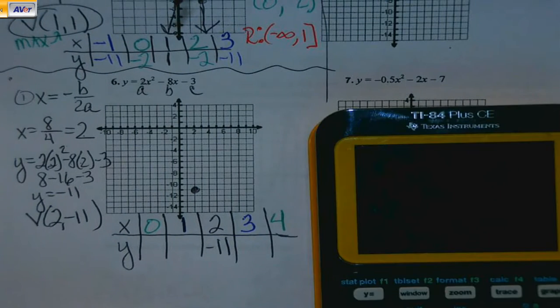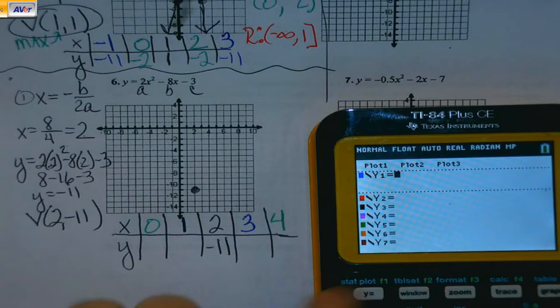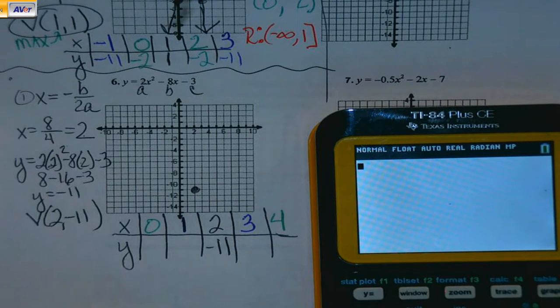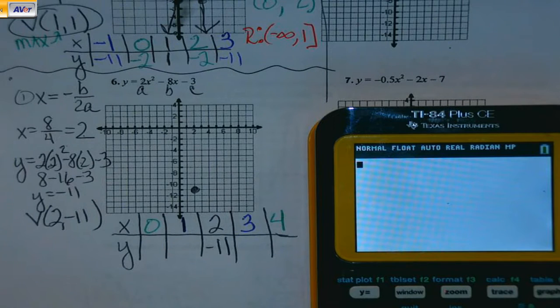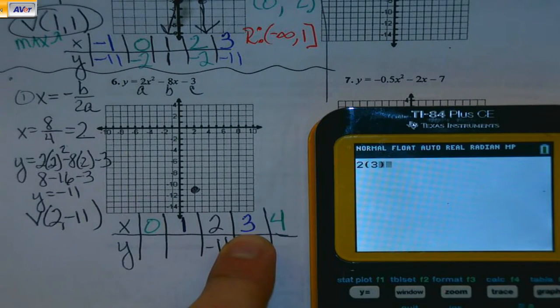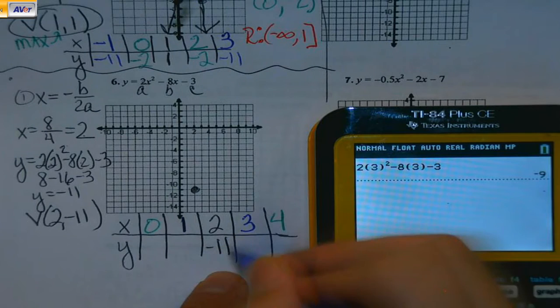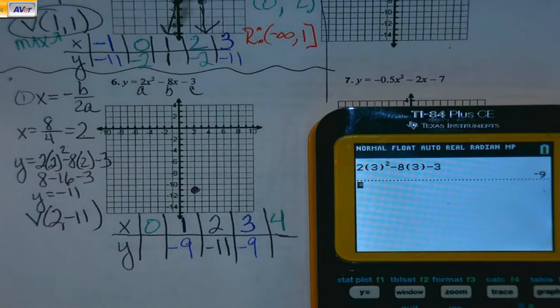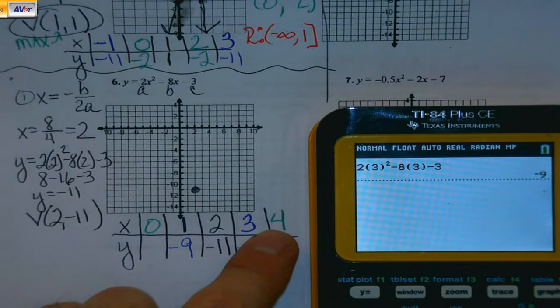So if I don't have the chart, we'll pretend that we do not have a graphing calculator. So let's say I decide, okay, I'm going to use 3. Plug 3 in there. Okay, so that'd be -9, -9. And then again, these are going to be the same as well. It doesn't matter which one I plug in.